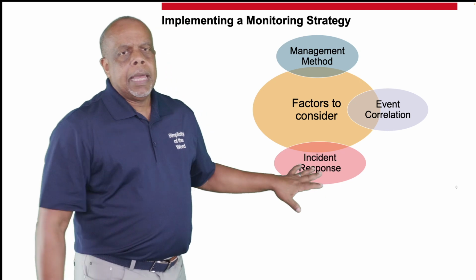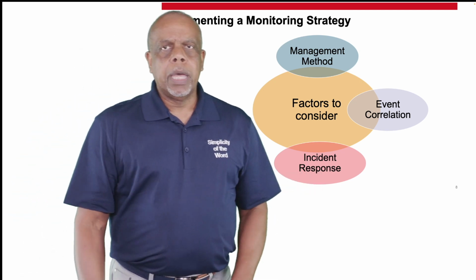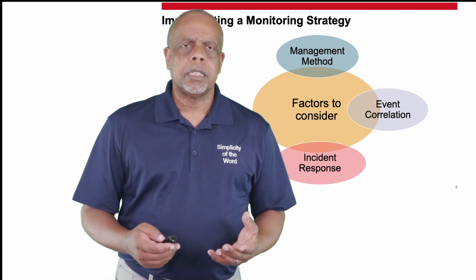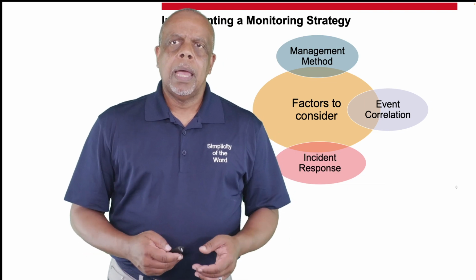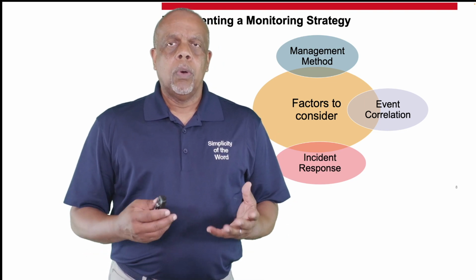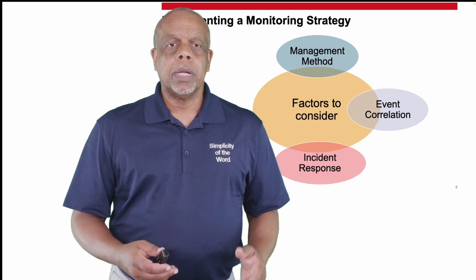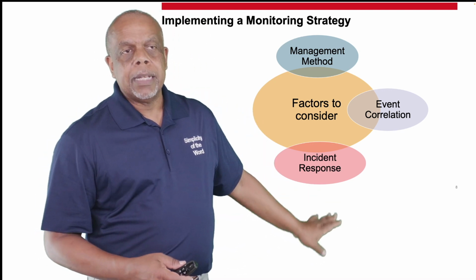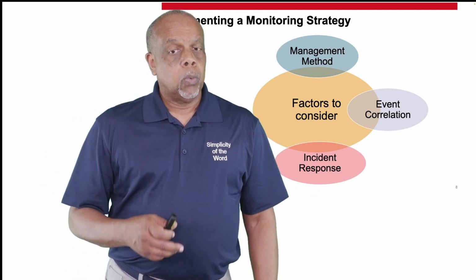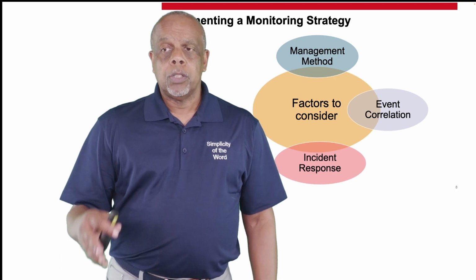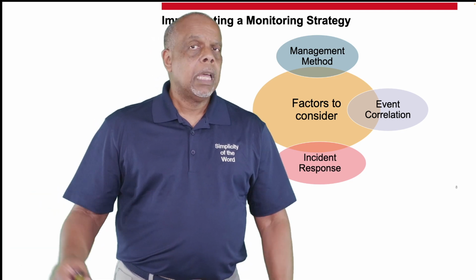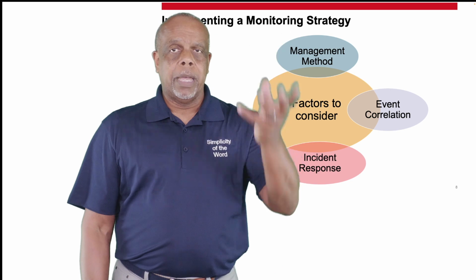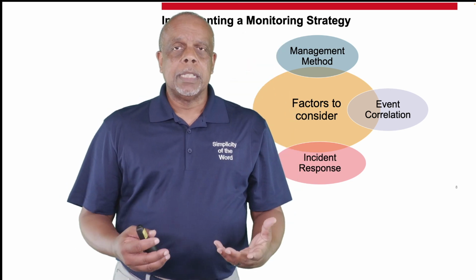Incident response. Okay, so you've got these events, you've correlated them. Now what? Once you say, yes, something happens, then what? You have to have some way of managing incident response. What do you do? Do I shut off the network? Do I turn off this VLAN? Do I report this, elevate this up? Is this a possible insider threat?